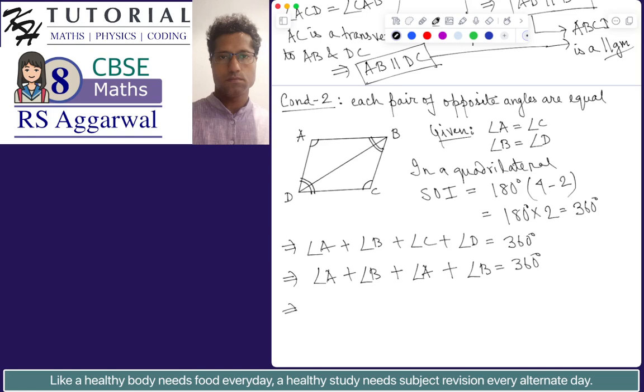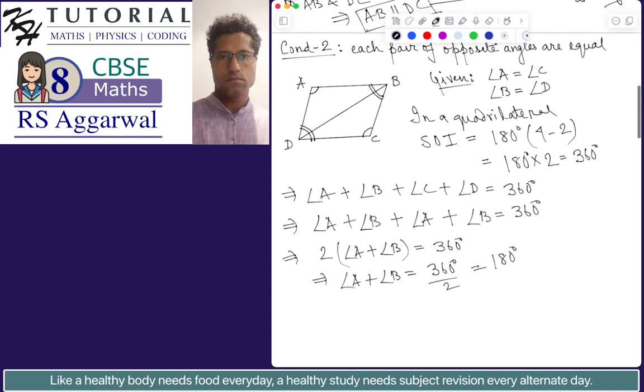The left hand side, after simplification, will be twice angle A plus angle B is equal to 360 degrees. So this implies angle A plus angle B is equal to 360 degrees by 2, which is equal to 180 degrees.